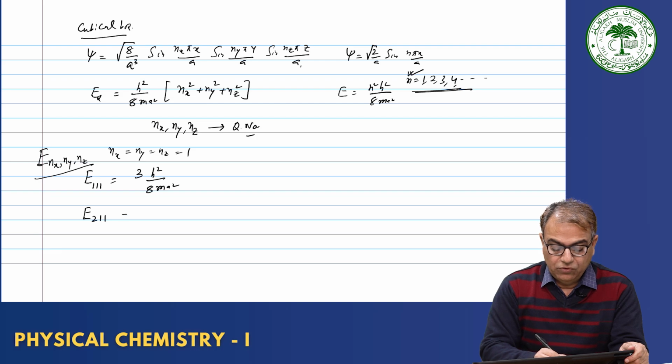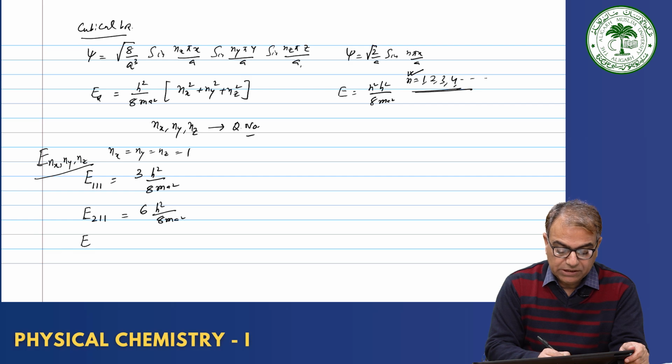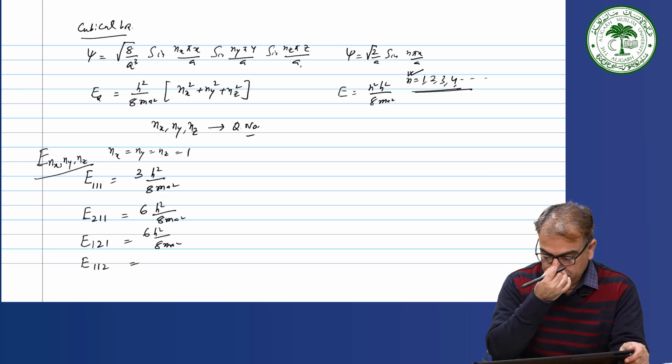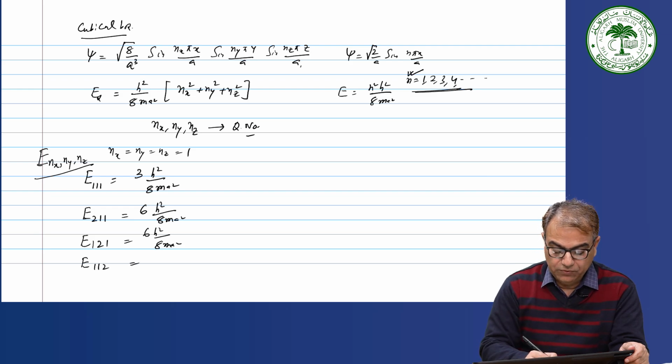So what will be the value of E211? The square of 2 will be 4, plus 2, so 6h² divided by 8ma². The next level you can write is 1, 2, 1, and this will also be 6h² divided by 8ma². And the third level will be 1, 1, 2, meaning here nz is 2. There also you have 6h² divided by 8ma².